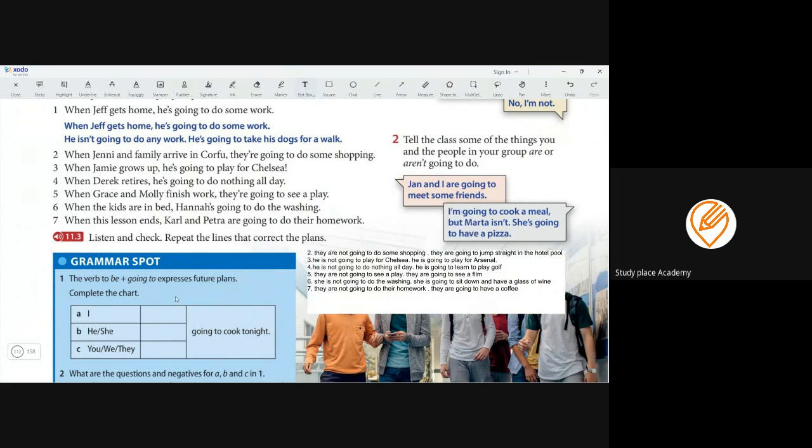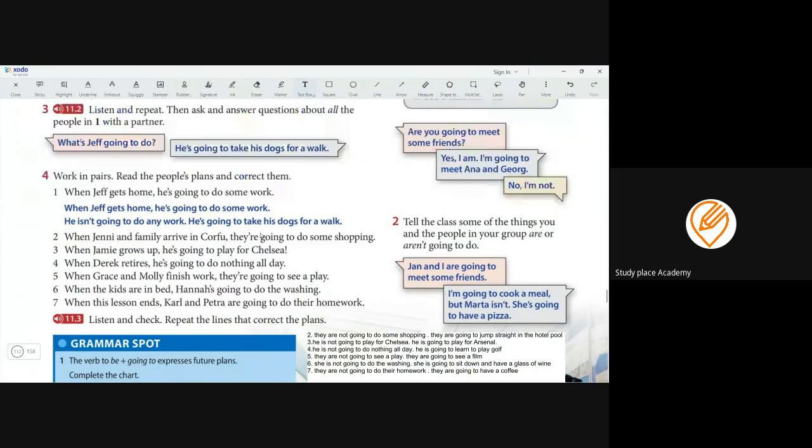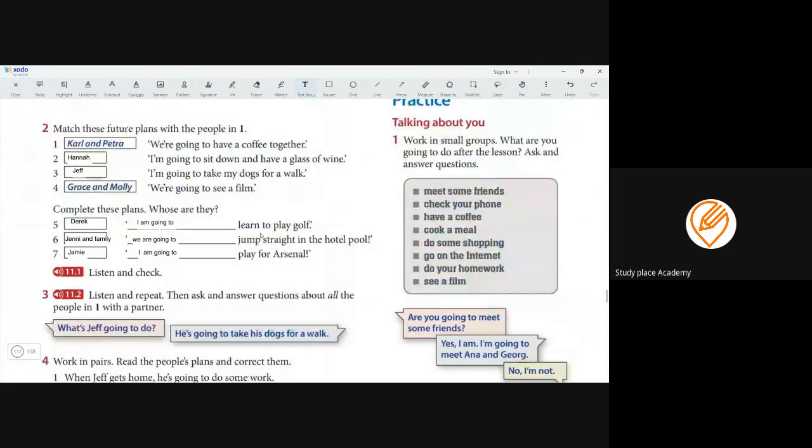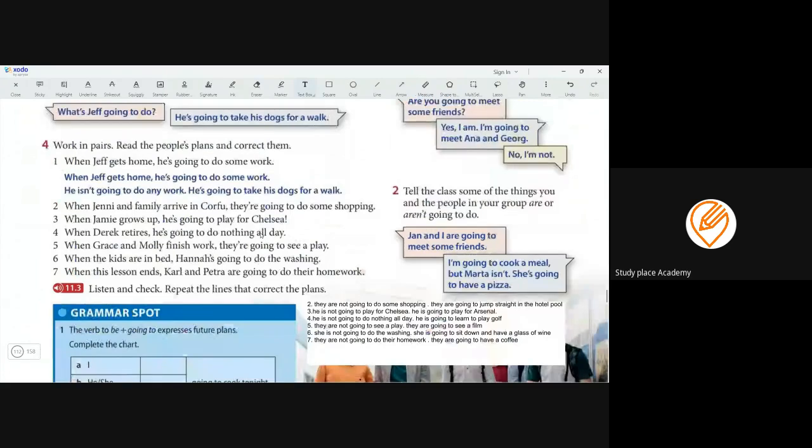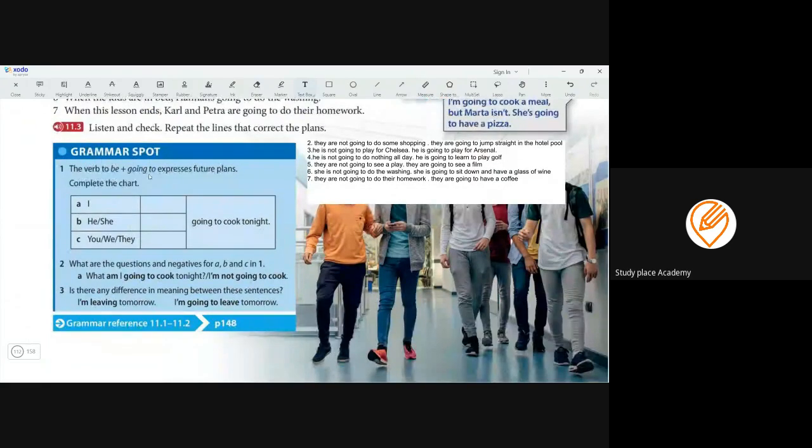Okay, and now we are going to move to exercise grammar spot. So we are going to form the future with going to. In slang we may hear gonna instead of going to.